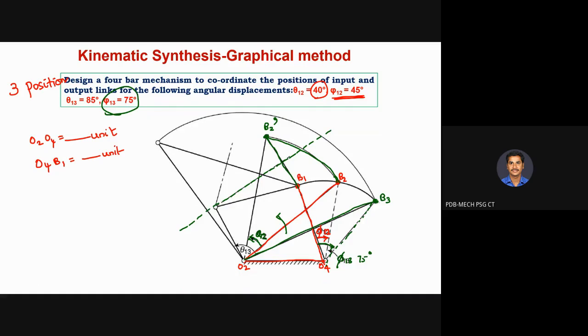So now how much angle should B3 rotate in the opposite direction? What is the angle by which O2 B3 should be rotated in the opposite direction? 85. Exactly. Because the crank rotated 85 degree, you got this position. So this diagonal you need to rotate 85 degree opposite. If you rotate 85 degree opposite, you'll get this arc.